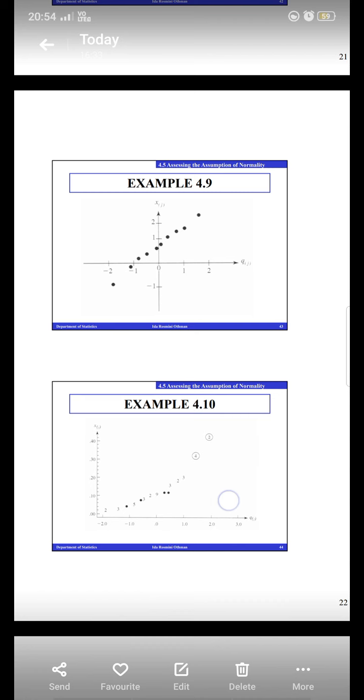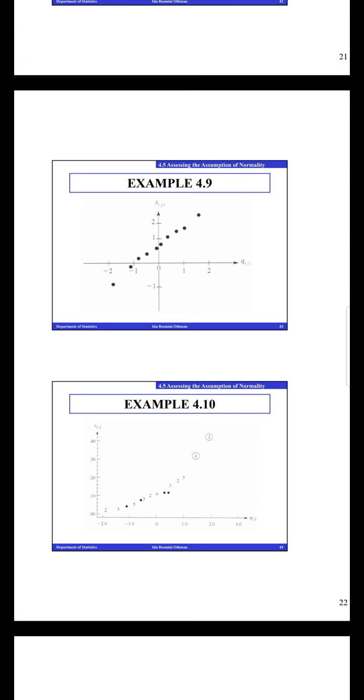Okay, so still remember how to observe the QQ plot. We want to see whether our variable tadi adalah normal ke tidak, normal or not. We can see from the straight line, kan? So from this graph kat sini, example 4.9 ni, we can see that the pair of xj dan qj ni adalah lie very nearly along a straight line.